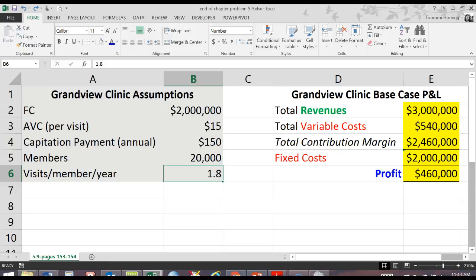Because you don't incur as many variable costs, your contribution margin is higher. Notice what didn't change. Your revenues didn't change, and neither did your fixed costs. But your variable costs, your contribution margin, and therefore your profit has changed.